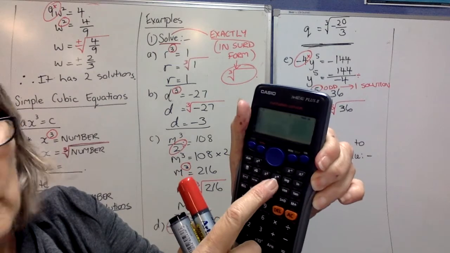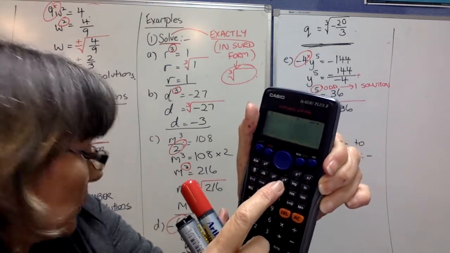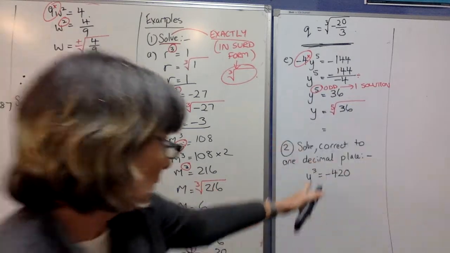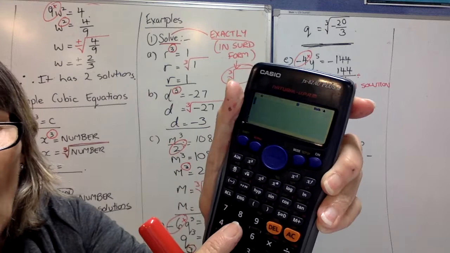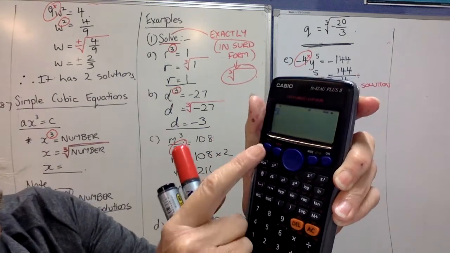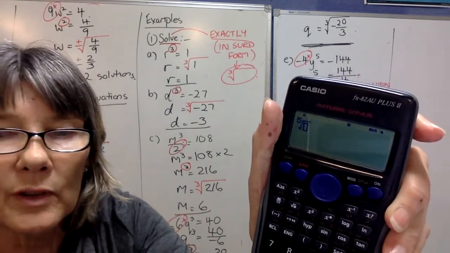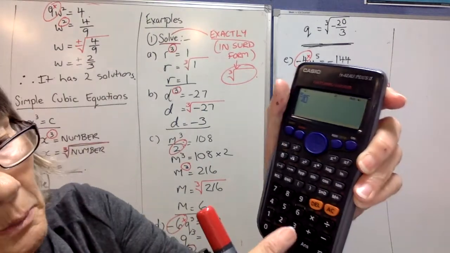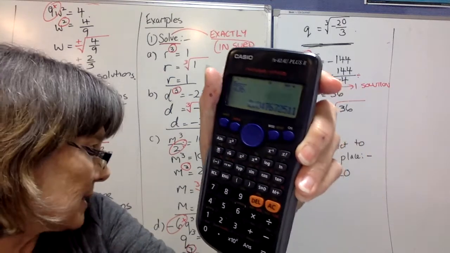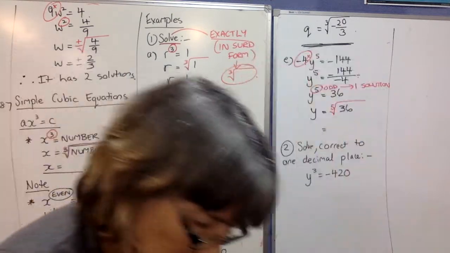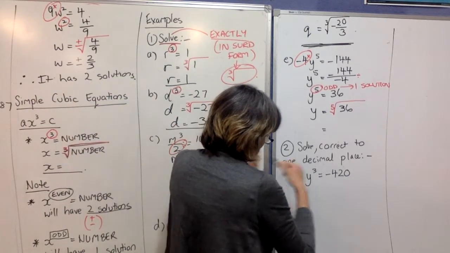You can do any power with that button. And if you do shift, you can do any root with that button. So I want to do the 5th root of 36. So I'm going to do it like this, 5. Then I'm going to do shift, the power button, and see how it looks like the 5th root now. So now you can press in 36, press equals, and it gives you that messy answer. I don't like messy answers, so we're not going to give that. That's our answer, we're finishing there.